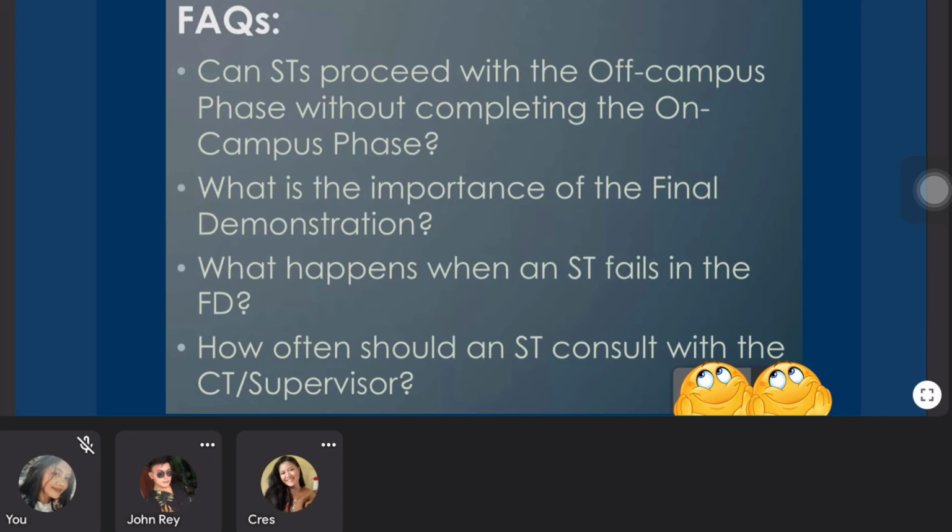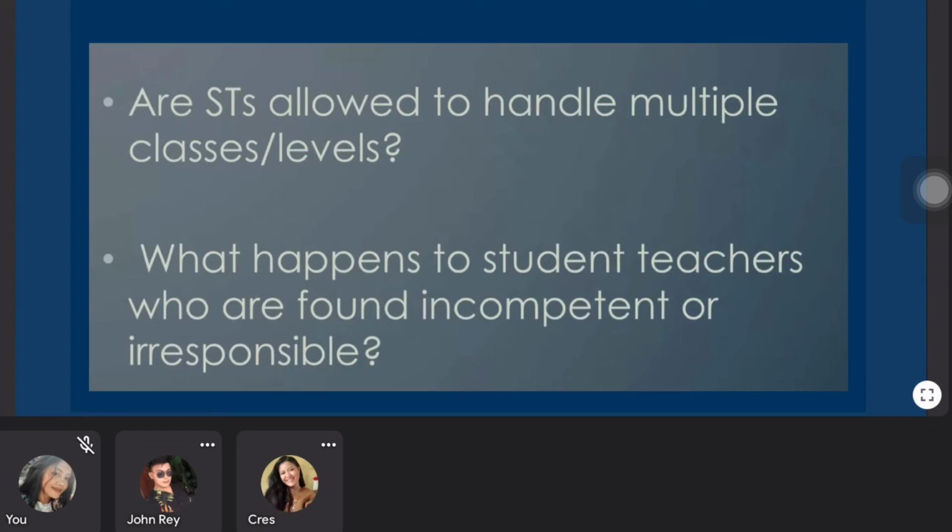I think an ST can consult anytime if necessary. The next question is, are STs allowed to handle multiple classes or levels? Yes, STs are allowed, especially currently since we have given 360 hours.